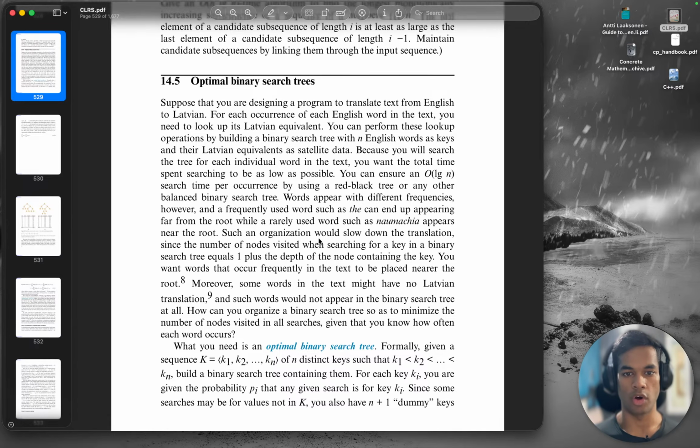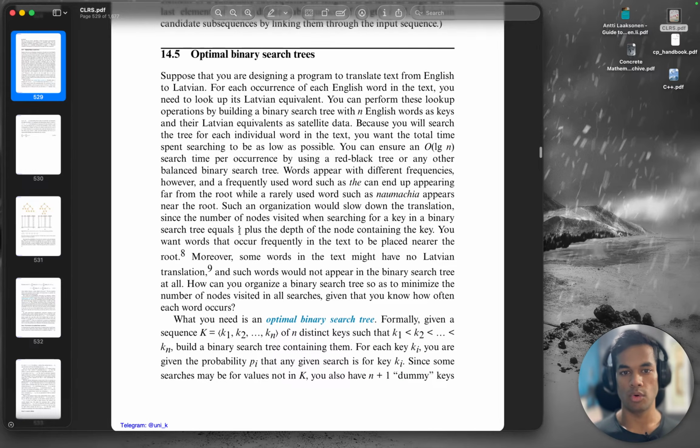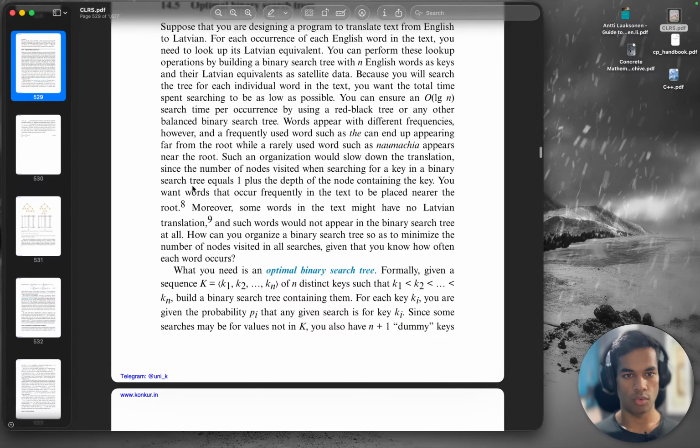Such an organization would slow down the translation, since the number of nodes visited when searching for a key in a binary search tree equals 1 plus the depth of the node containing the key.